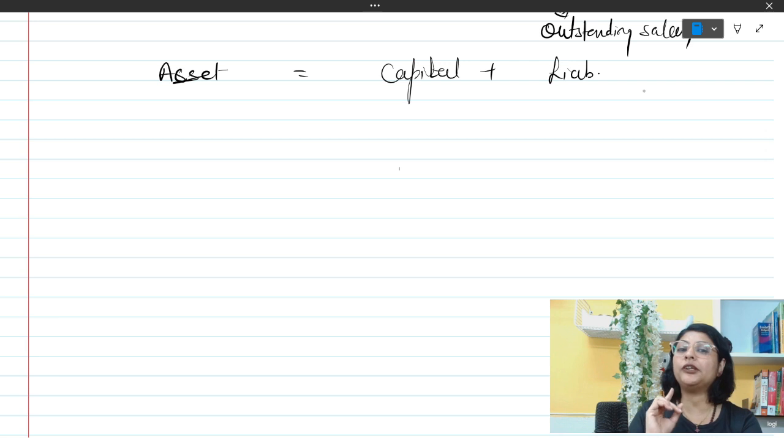Normally, how do we deal with expenses which are just incurred and paid, not outstanding? We deduct that amount from the asset, meaning from cash, and we deduct that amount from capital, because for expenses no separate column is open. Similarly, for incomes we add the amount in the cash column or bank column and we add the same amount in the capital. Here what are we going to do?